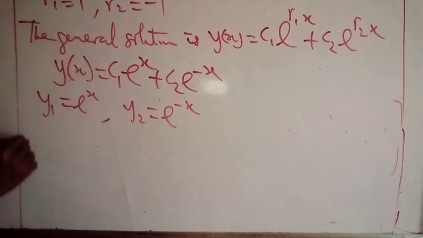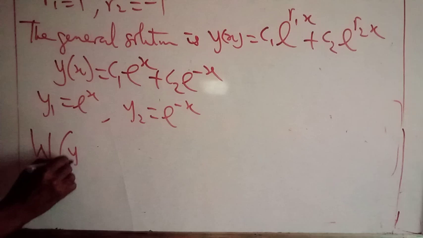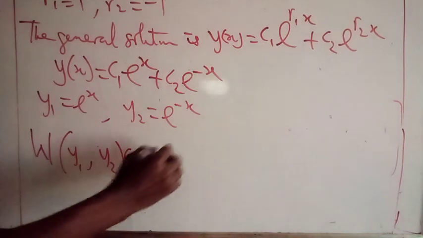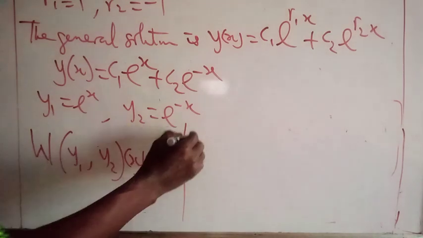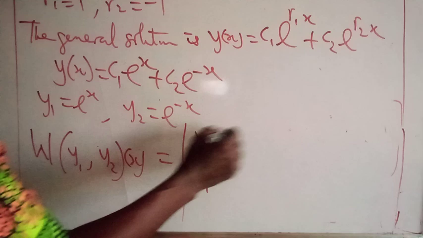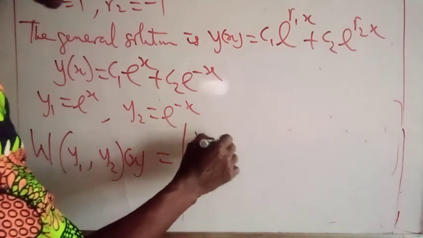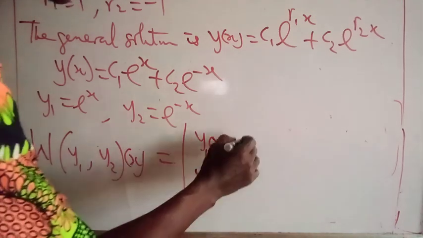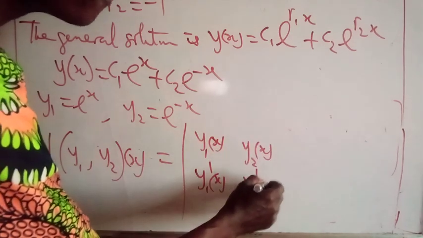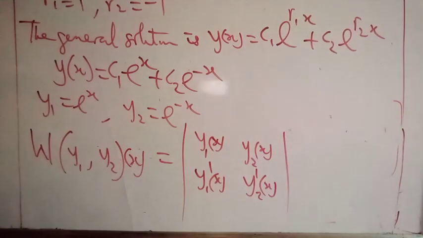The Wronskian of y1, y2 of x, don't forget, is the determinant of y1, y1 prime, then y2 of x, then y2 prime of x. So let's find out that.